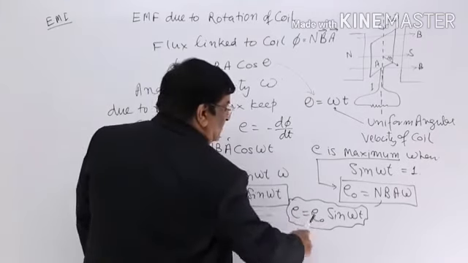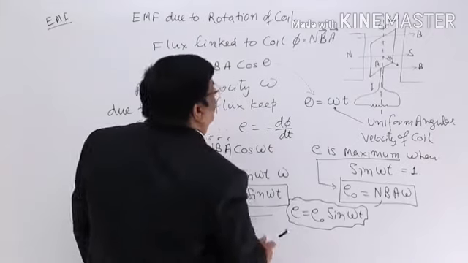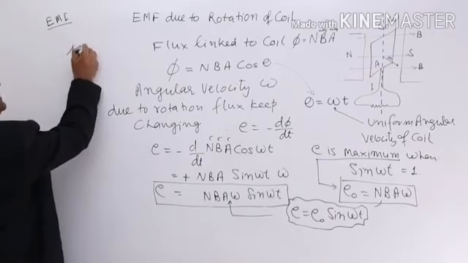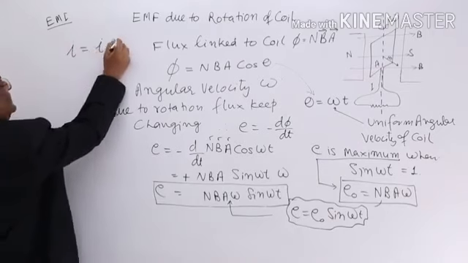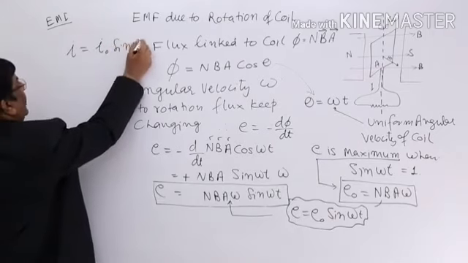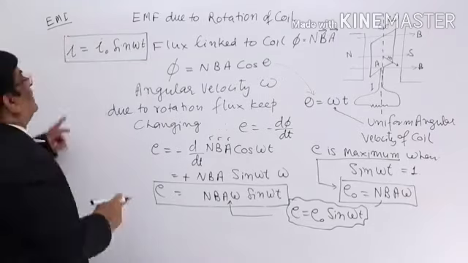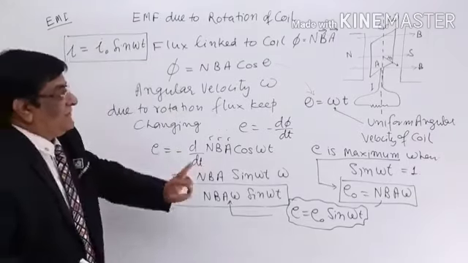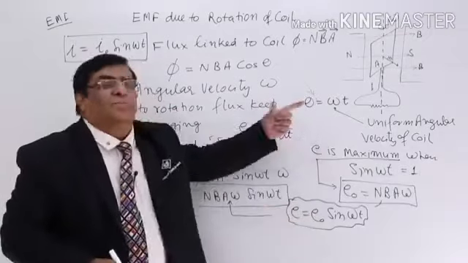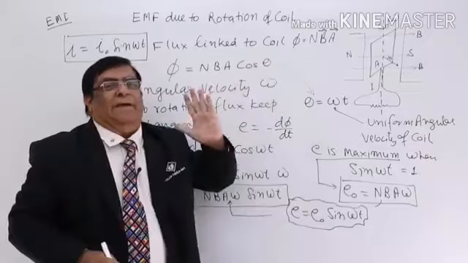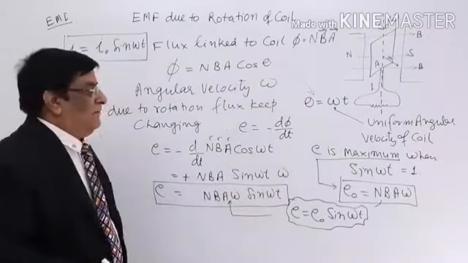If we divide both sides by resistance, then this formula will become I is equal to I naught sin omega t. This is the variable current produced. This is the variable EMF produced by rotating a coil within a uniform magnetic field.